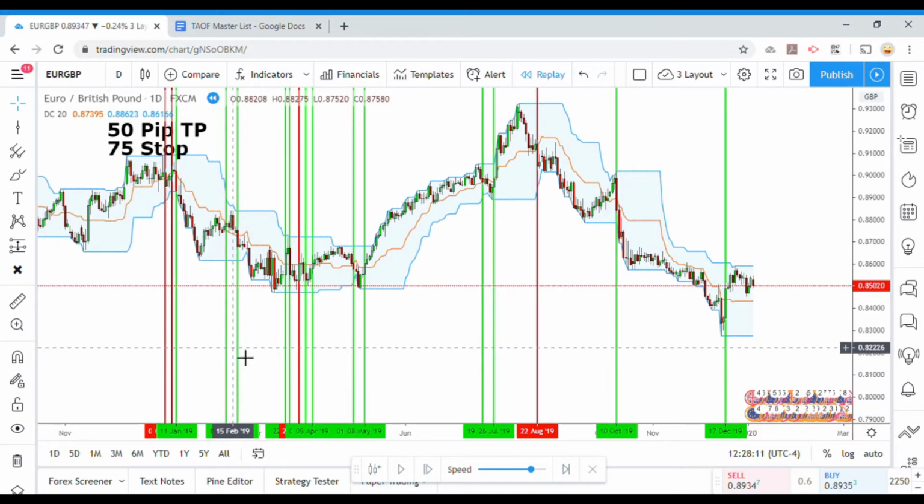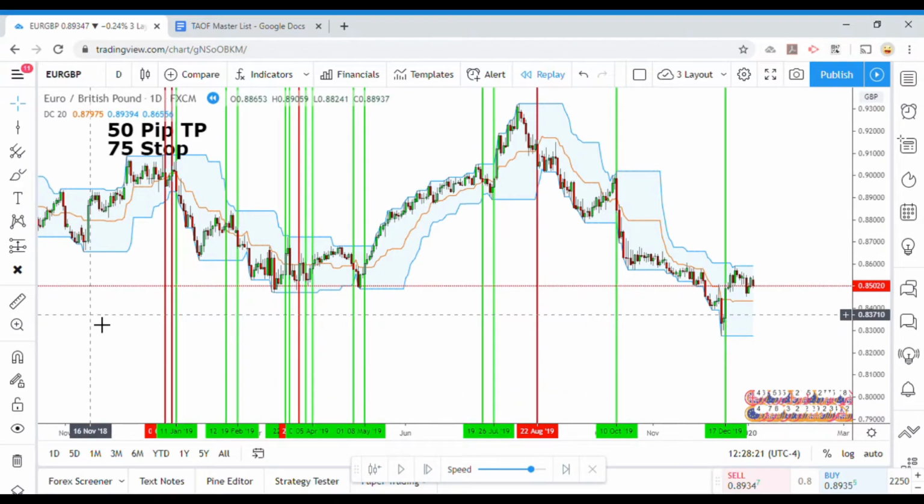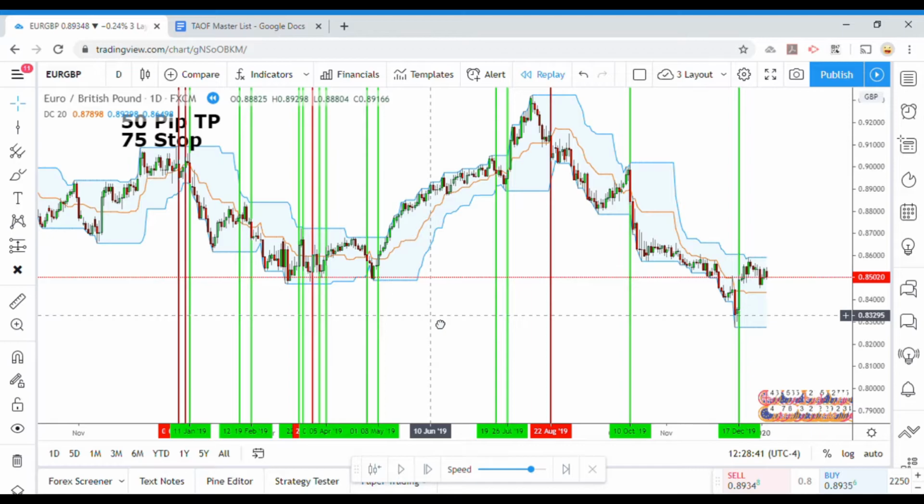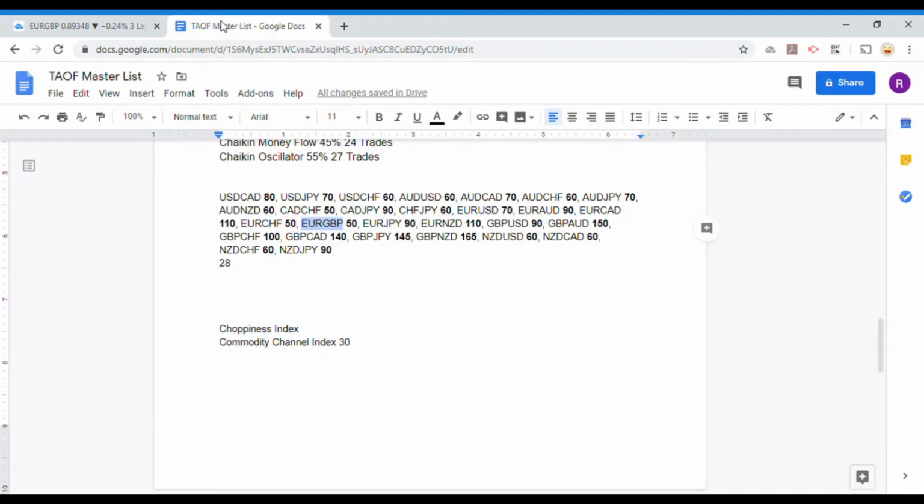And we have 1, 2, 3, 4, 5, 6, 7, 8, 9, 10, 11, 12, 13. Not bad at all. That definitely sets us above our 60%. That puts us right around 75% win rate. So yeah, that's not bad at all.